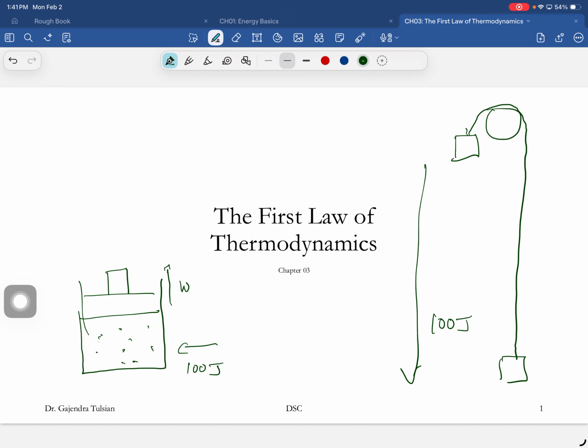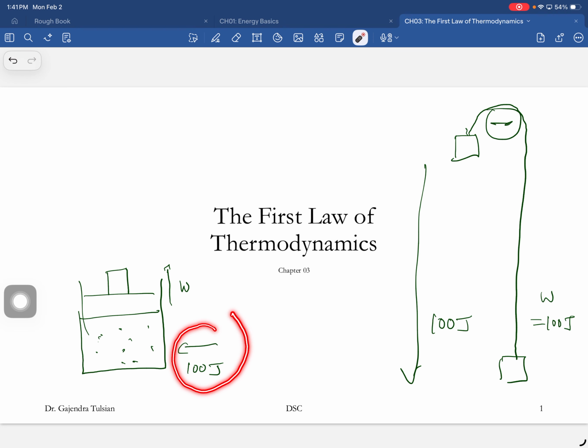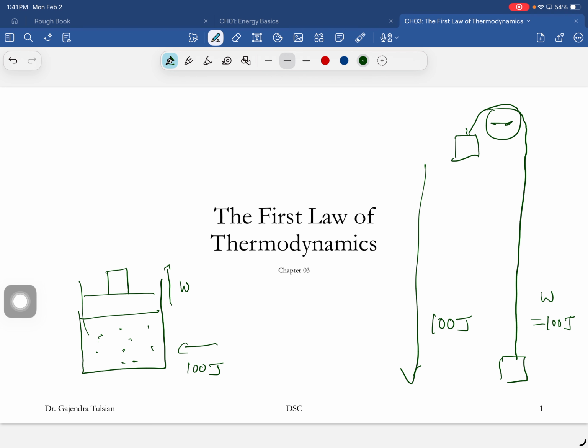Can you give me an example of a thermodynamic system? This room, the gas in this room. You're a thermodynamic system. That table is a thermodynamic system. The walls are thermodynamic systems. So you're surrounded by thermodynamic systems all around. This is called the system. That's the boundary, and this is the surroundings.